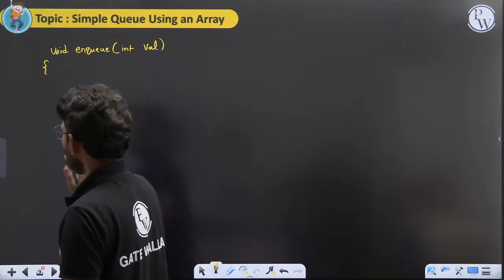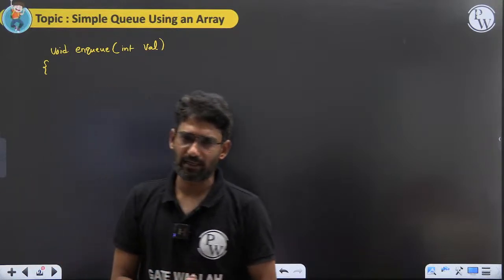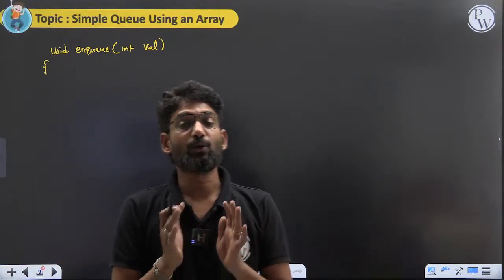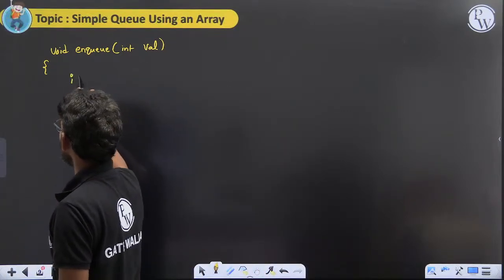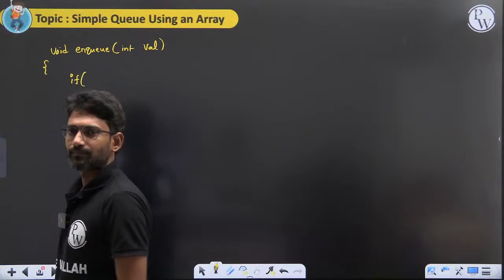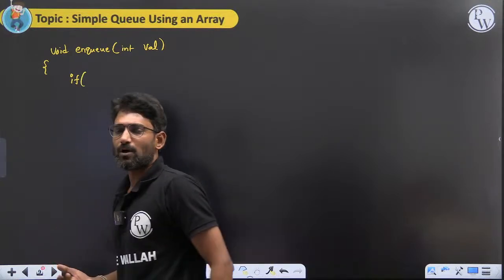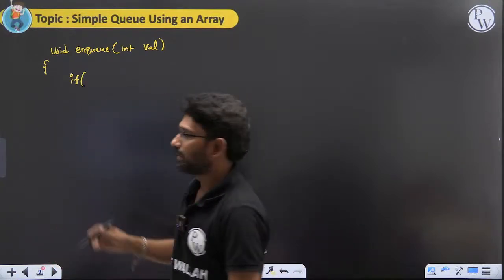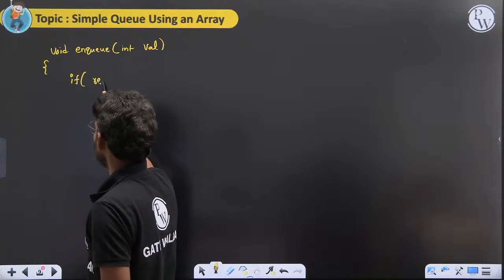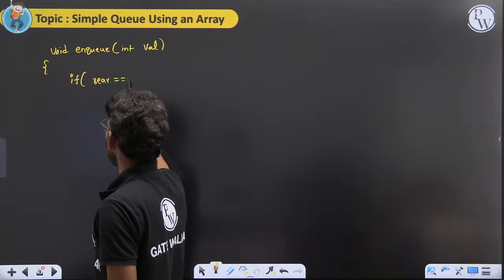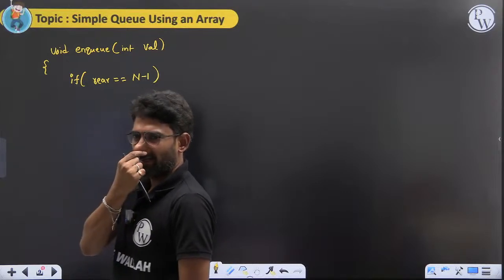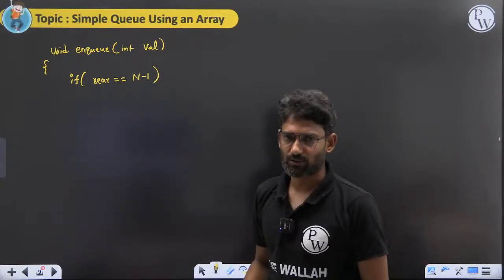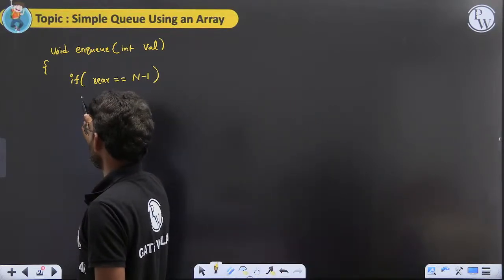Okay. Now first what I have to check for insertion, the queue is not overflow, then only I will be able to insert. So let me check if rear is equal to n minus 1. If rear is equal to n minus 1, that means my queue is full.